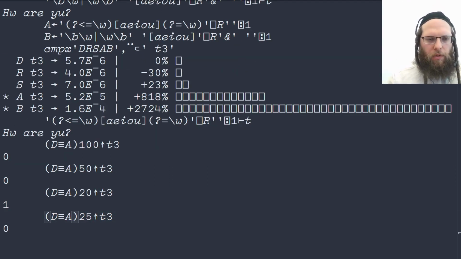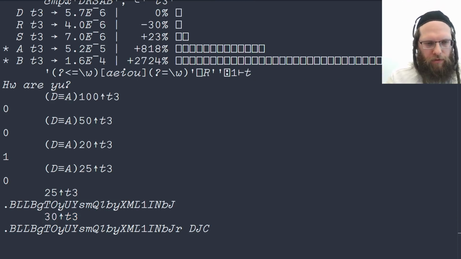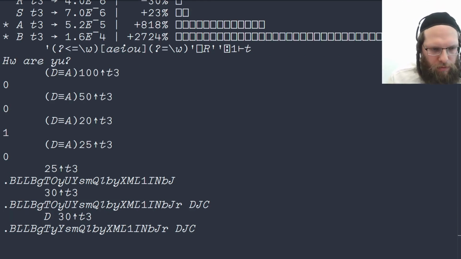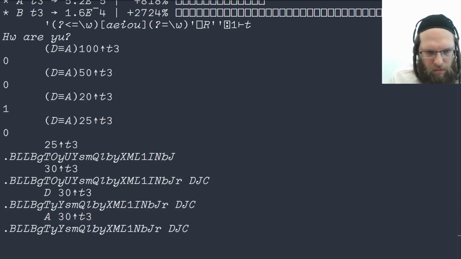No. Okay, so now we can look at 25 take T3 and see what it is. This is at the very first space. D removes the internal vowels, like this O, for example, and A too. But A removed one more thing than D. Where are they different?